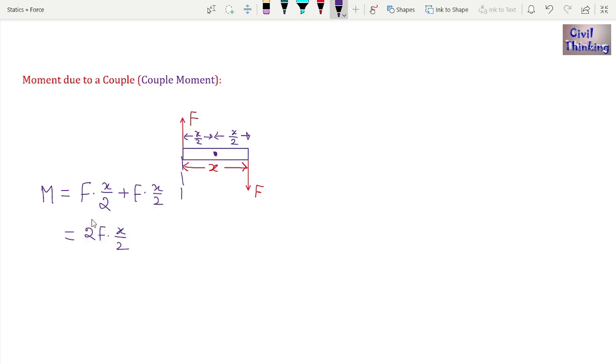Now this 2 and 2 will cancel out, so we get F multiplied by x. So the moment due to couple is F into x, meaning any one of the forces F multiplied by the distance between them. This is the moment due to a couple.